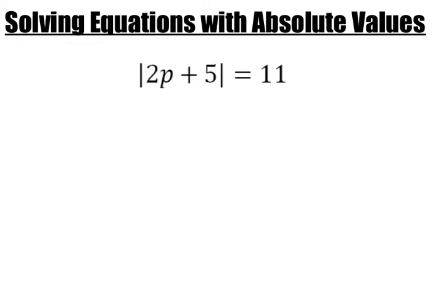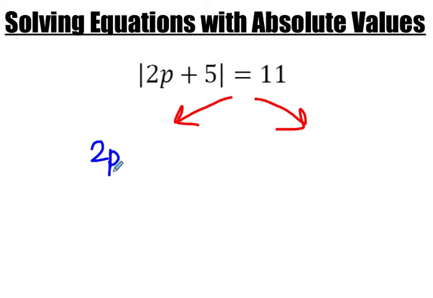If we move to the next example, on this one, I see my absolute value bars are again on the left-hand side, but unlike the last one, everything on the left-hand side is inside of the absolute value bars. So on this one, my very first step is to go ahead and split this into 2 equations. So again, for that first equation, you are going to leave everything the same, just get rid of your absolute value bars.